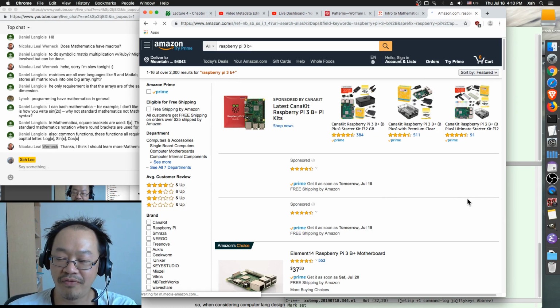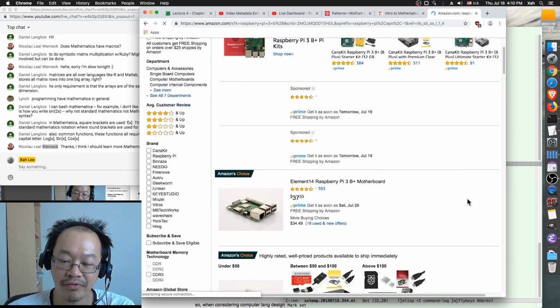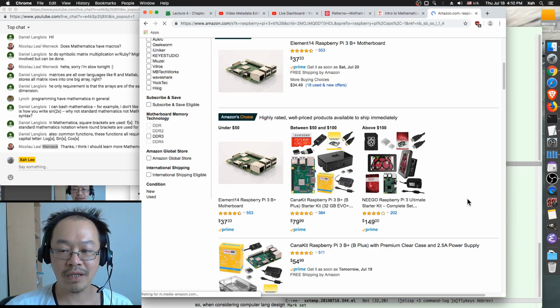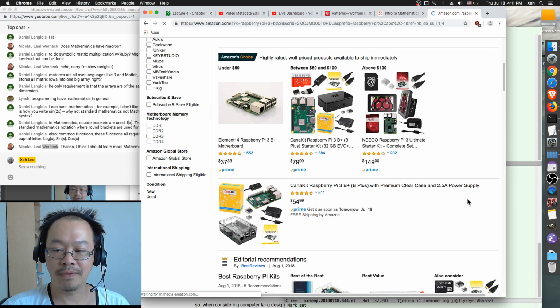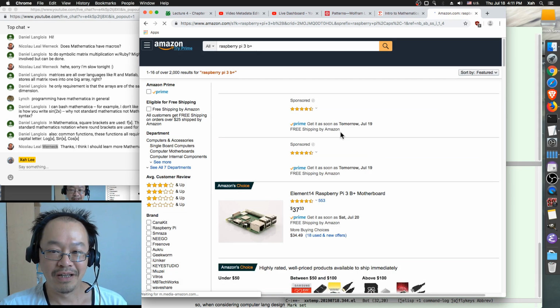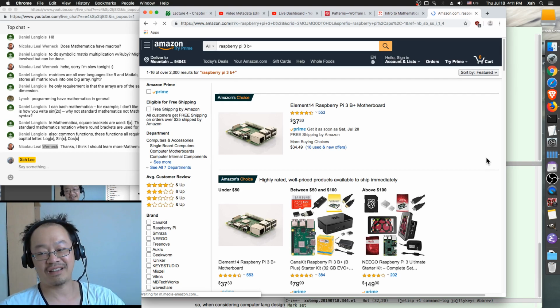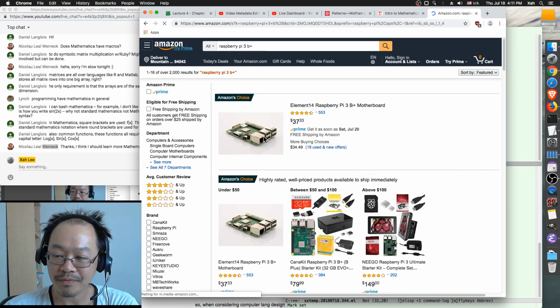So if you buy a Raspberry Pi, you can buy the whole kit, and then you'll have Mathematica to play with. But of course, as you know, Raspberry Pi is not very powerful. So if you really want to do huge computations, Mathematica has graphics and a lot of things. But anyway, if you buy this, it's free.